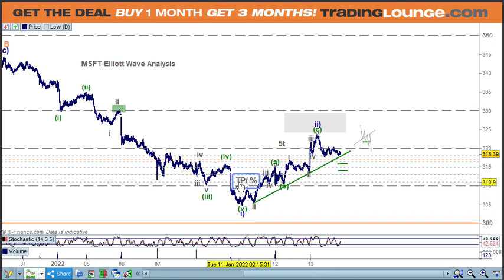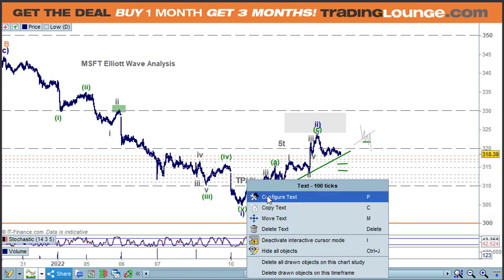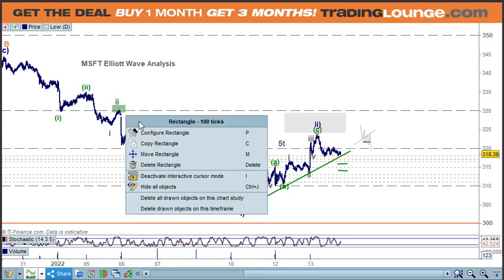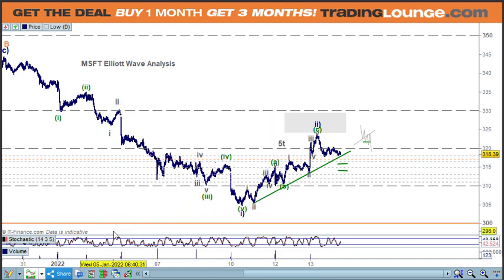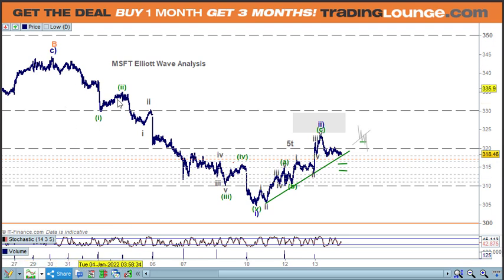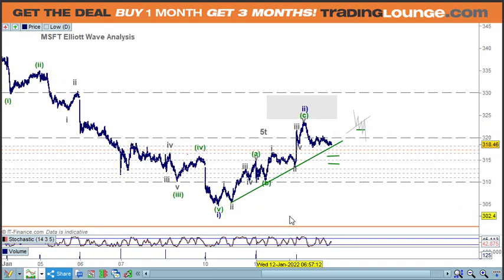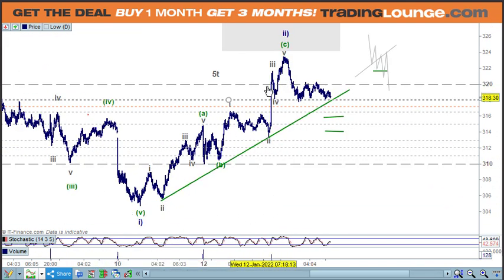So I'm just going to remove this because we did short it down here. This one, don't need that. And once again, we've got a pretty clear 5 waves down here, like Tesla and Apple and so on. So it's a good case for that. But you could count this cleanly up here as also impulsive. So it would be wave 1 here and 2 here, and then this would be the 3rd wave here.